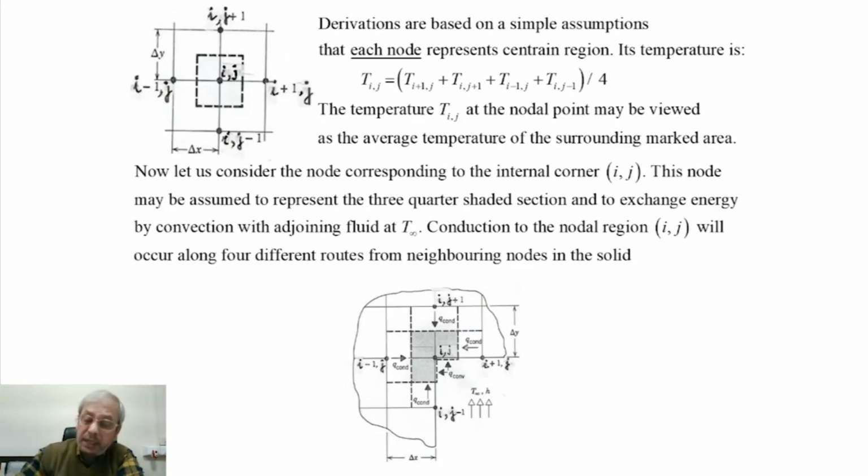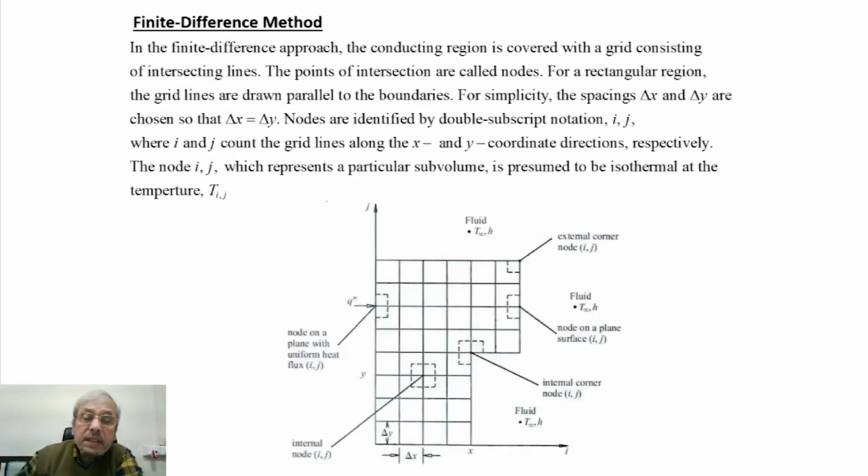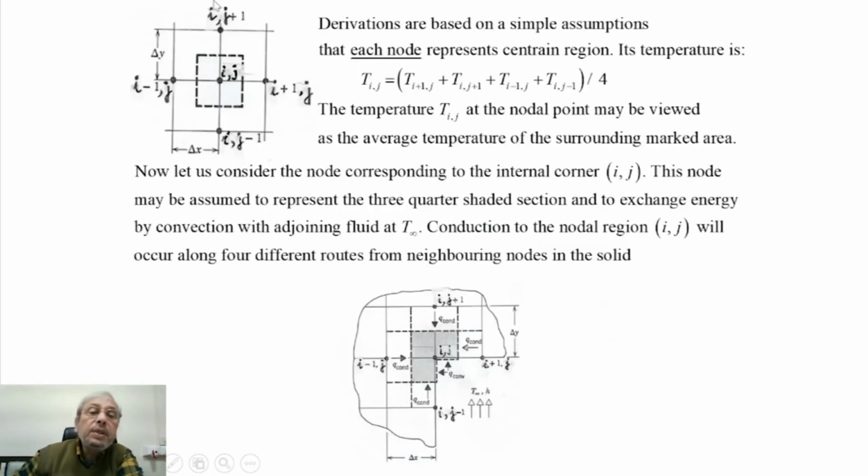Now, as we said, we will discuss how to write the governing equation on various types of nodes. First, we will take up the internal nodes. Derivations are based on simple assumptions that each node represents a certain region.